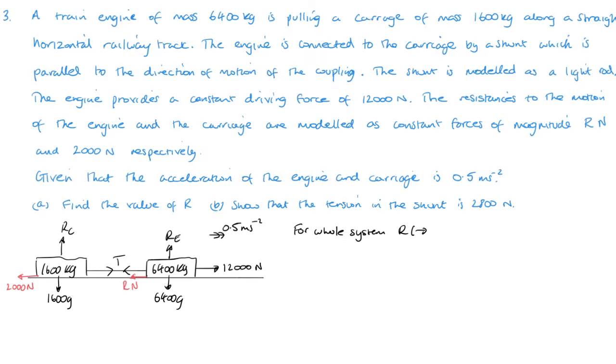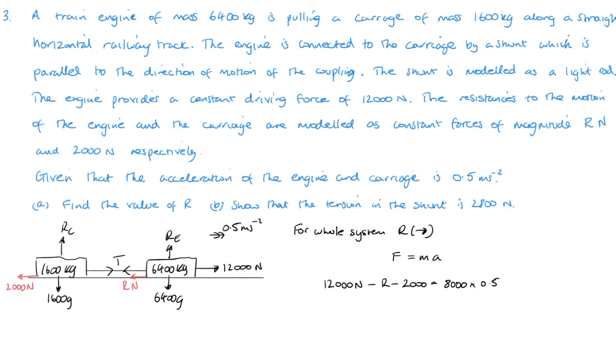and resolve horizontally. So F equals ma. Now going forwards is 12,000 newtons. And going against it is R newtons and 2,000 newtons. Now the total mass is 6,400 plus 1,600 or 8,000 and the acceleration is 0.5.